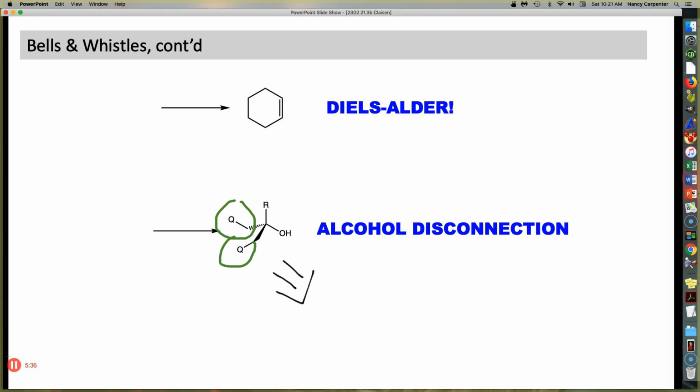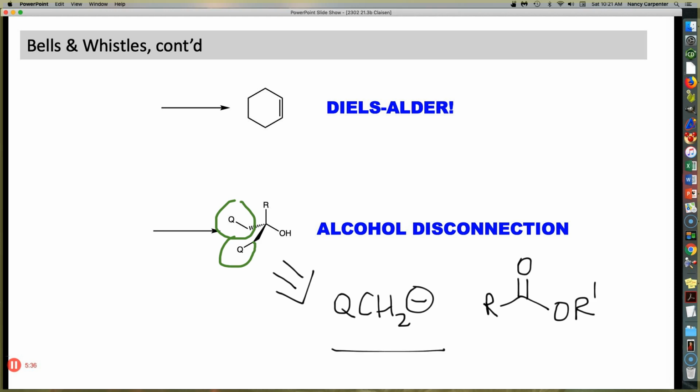So that is a really good bell and whistle that I should be adding a Grignard or organolithium to an ester, because these will add twice to the ester to give you the tertiary alcohol.